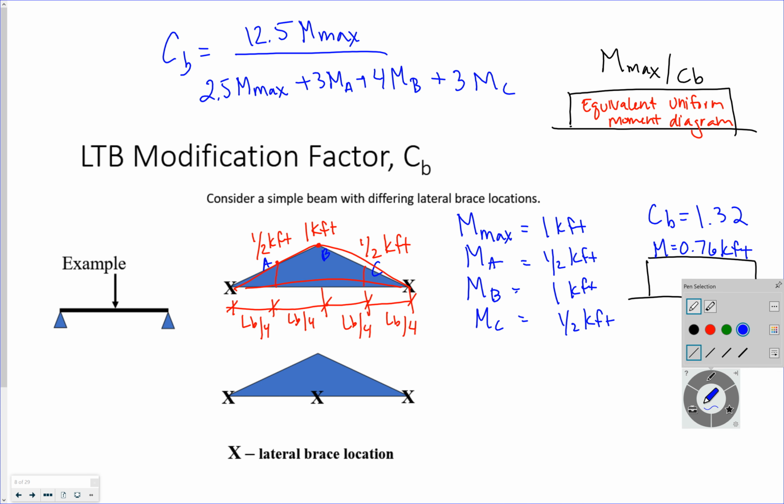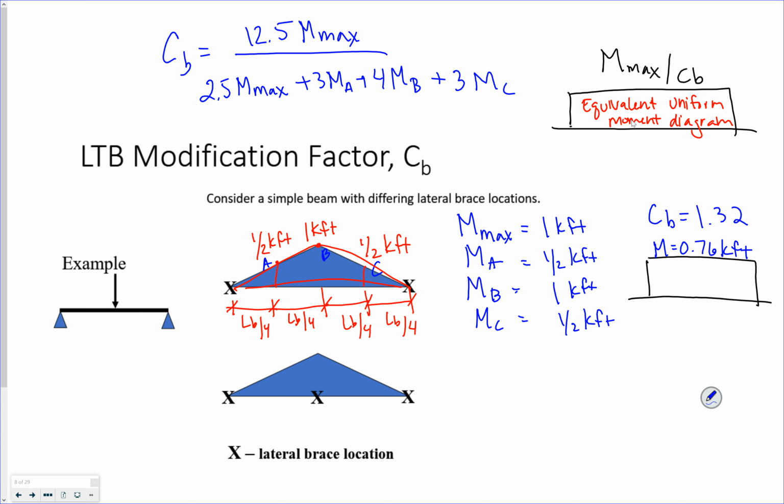So when I'm designing and hoping that I don't have lateral torsional buckling, I only have to design for a moment of 0.76 kip feet instead of the full 1 kip foot. Because I'm not going to have equal compression in the compressive flange, or whichever part has the compression.